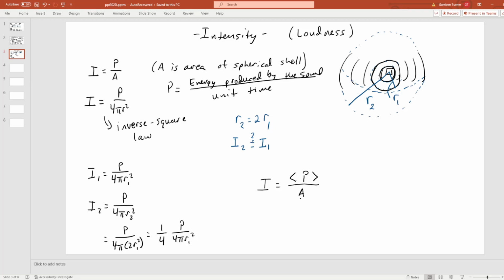But we will give you the punchline. And the punchline is that your intensity can be calculated to be your difference in pressure squared divided by 2 times the density of your fluid times the speed in the fluid. Okay?